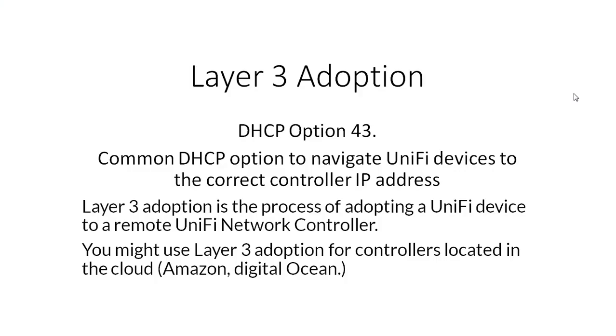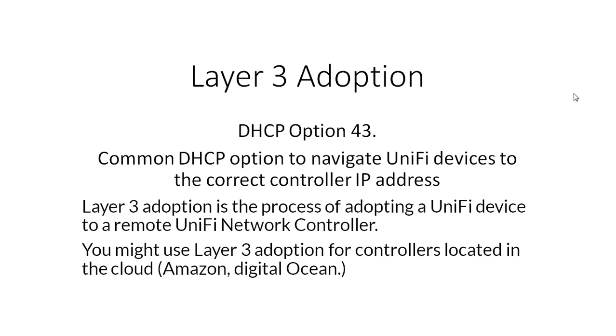All right, so we looked at the EdgeRouter already for Layer 3 adoption. We looked at DHCP option 43. The description is here: a common option to navigate devices to the correct controller. Layer 3 is the routing layer. You basically have to understand that an IP address is a Layer 3 thing, whereas a MAC address is a Layer 2 thing.